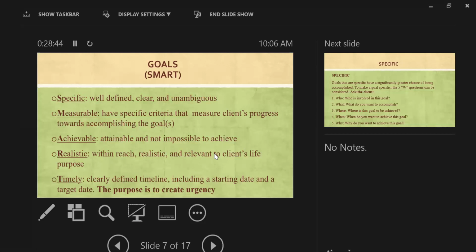If there are quite a few things happening, I try to narrow down if they have a vested interest in focusing on one or more particular goals, or if I'm getting the vibe that there's a lot of things happening at once, I'm just getting the sense, because I'm also just starting with clients, that I'm going to see how the next session goes, because I don't also want to overwhelm them in that first bit.